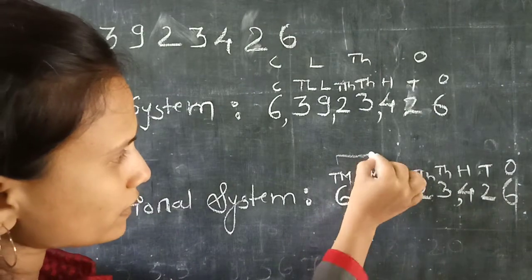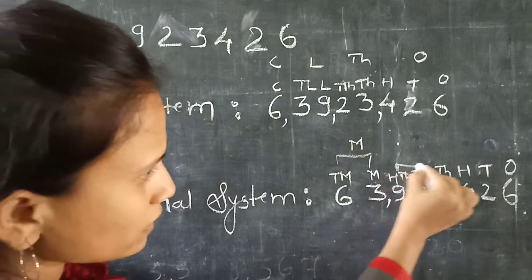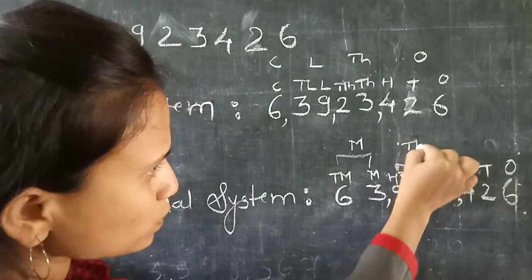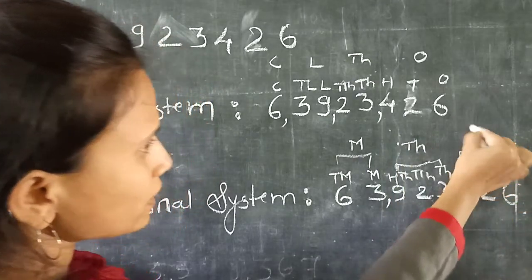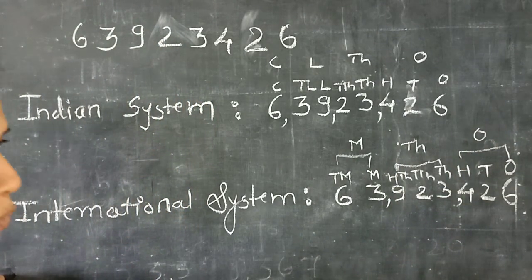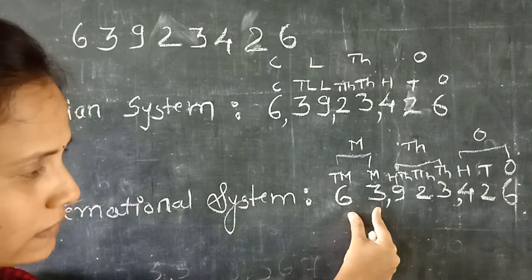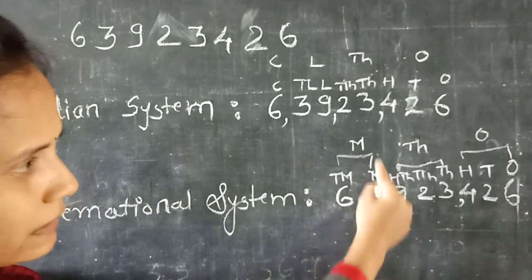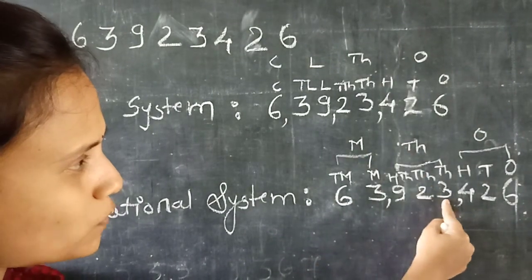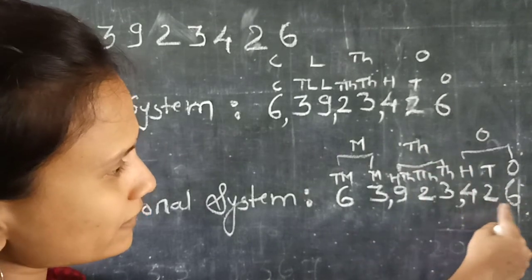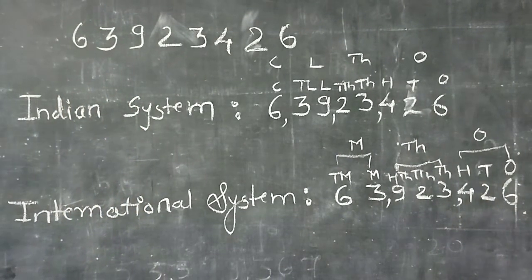These two are from the million group, these are from the 1000 group, and it is from the ones group. Now how to read? 63,923,426. This is the way to read and write the number in the Indian system of numeration and the international system of numeration.